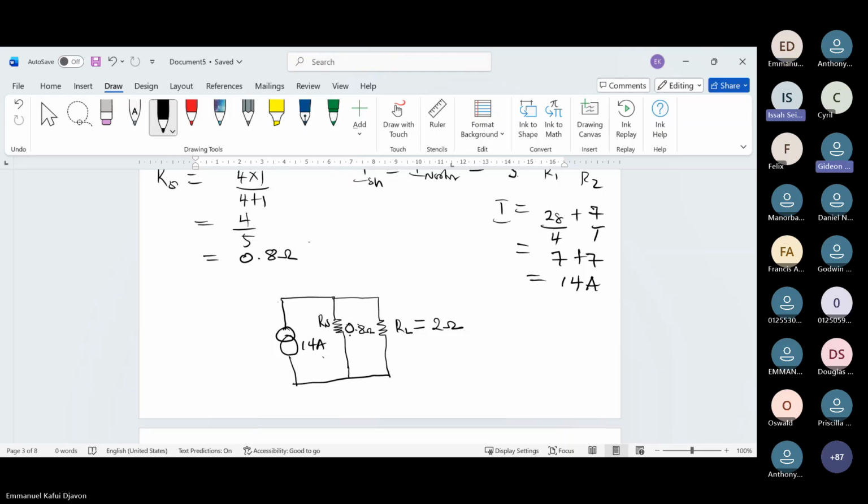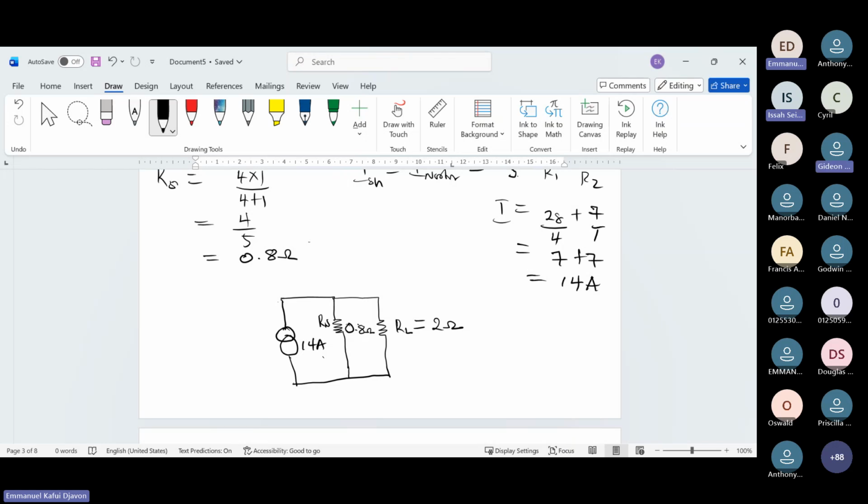the equivalent resistance of these two. You have 0.8 ohms and you have 2 ohms. We have R Norton, which is 0.8, and we have the load.